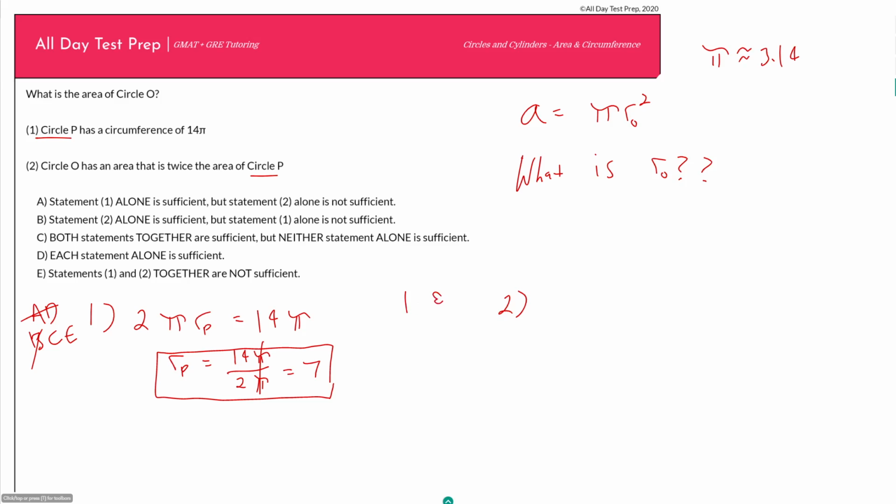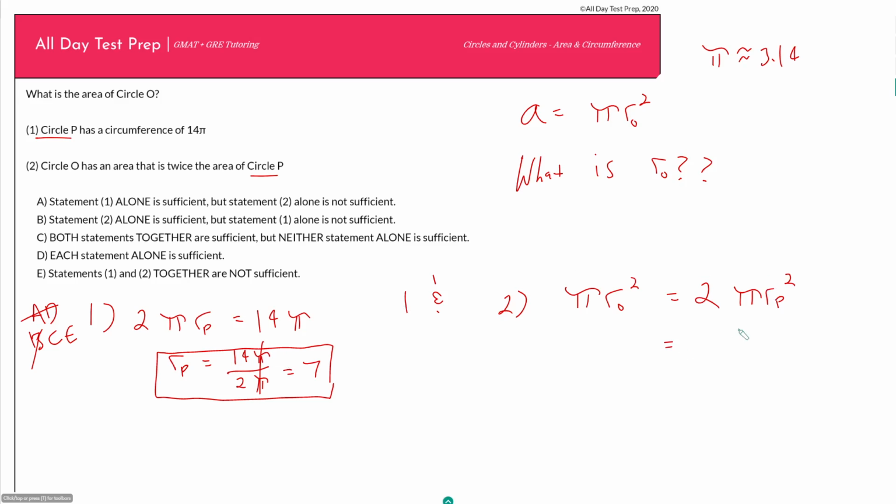Now, if I'm looking at them together, what do I know? I know from my first statement, the radius of circle P is equal to 7. And from statement 2, the area of circle O is pi r_O squared, and that is twice the area of circle P. But we already found the radius of circle P, so we should be able to find its area.